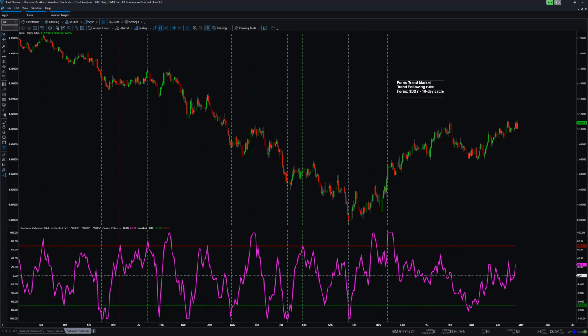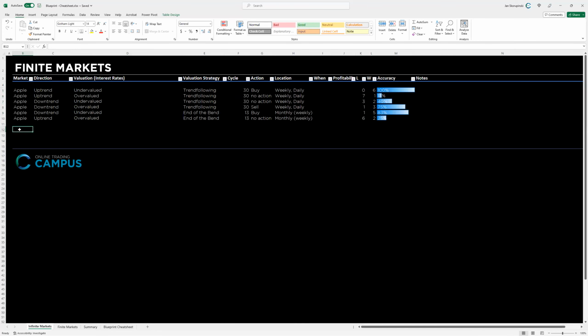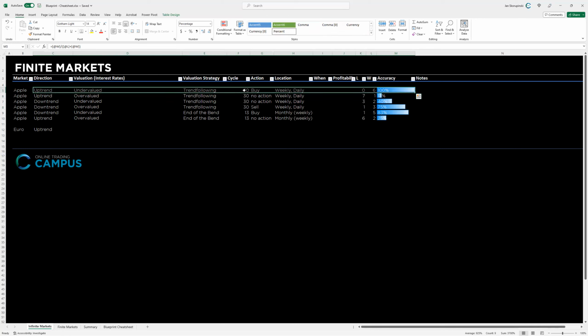If you were to go back to that sheet here and just put in euro uptrend, exactly the same thing that we did for Apple, you would get similar results. The high accuracy ones here are the trend following downtrend, trend following sell, high accuracy, and uptrend, trend following buy.